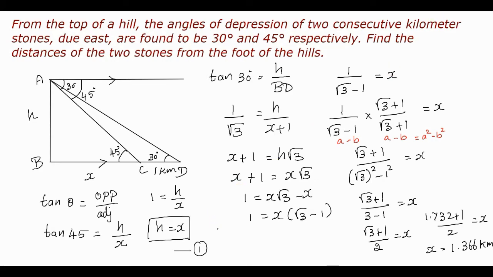Therefore, the first one, BC, is equal to x, which is 1.366 kilometers. The distance from the hill to the second stone, BD, is nothing but x plus 1. If you add 1 to the x value, you will get 2.366 kilometers. So these two are the distances from the hill to the stones. Hope you all understood, children.